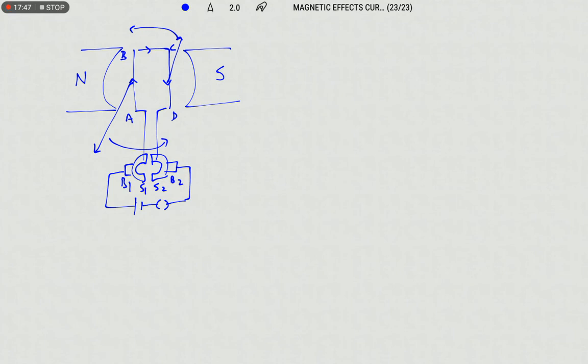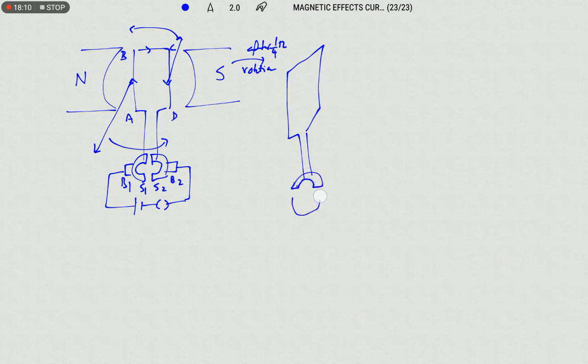So next the position of the coil in the magnetic field will be like this, that is after 1/4 of a revolution or 1/4 rotation. So after 1/4 rotation, the position of the split rings will be like this.